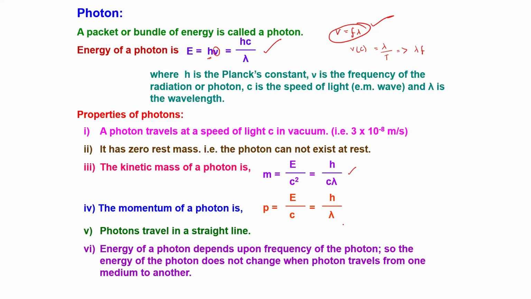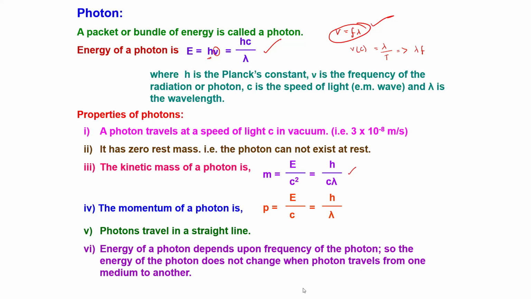The photon always travels in a straight line. The energy of a photon always depends on its frequency, so the energy of a photon does not change when it travels from one medium to another.